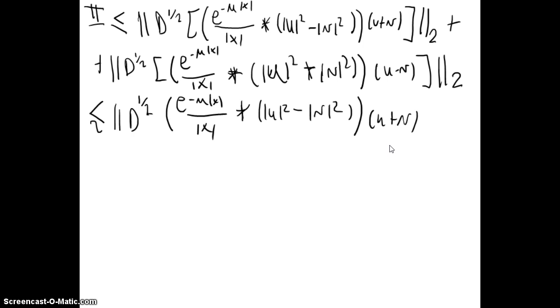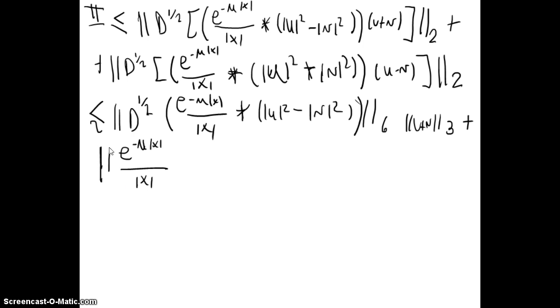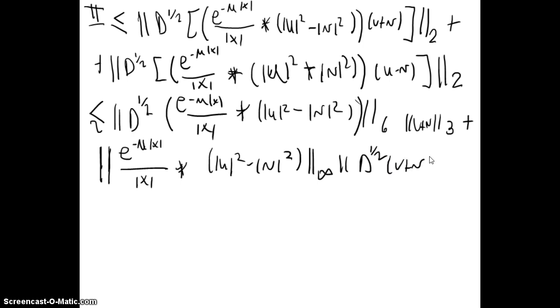This will be norm 6 of u plus b, norm 3, plus, now we have again e^(-mu|x|)|x| convolved with u squared minus b squared, now in norm infinity, and now we have D^(1/2) of u plus b in norm 2.